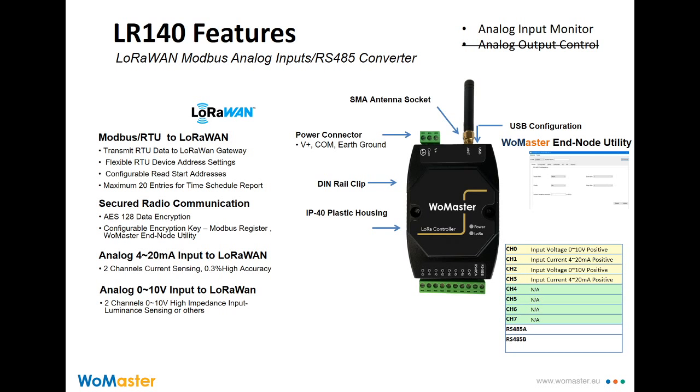You can see three pins for the power input there, the antenna, and IP40 protection. Users can use the USB port to do the configuration with the Modbus and node utility.